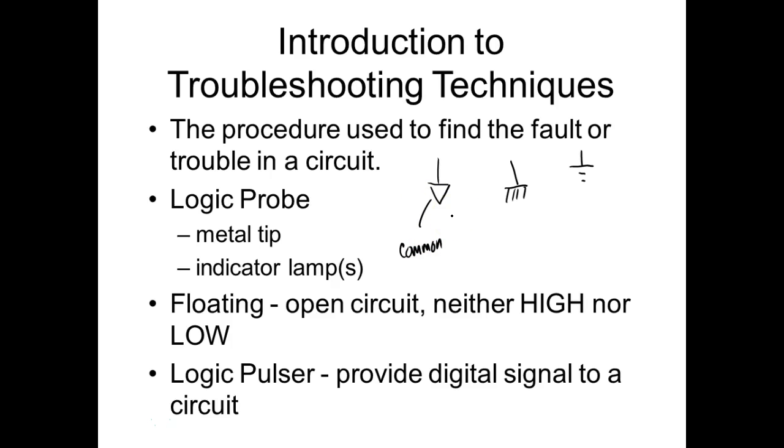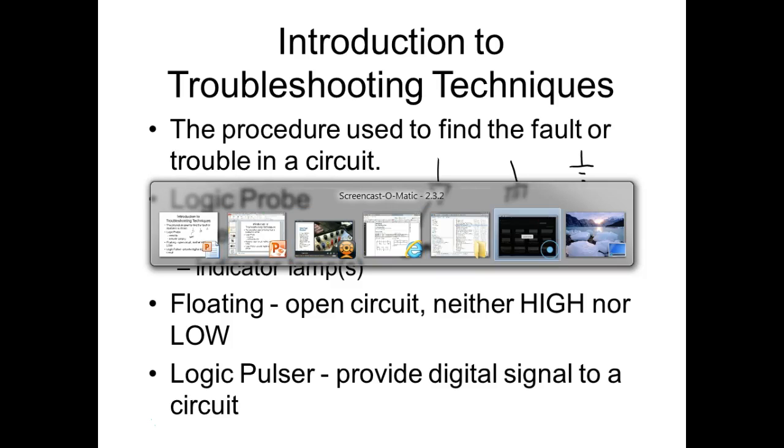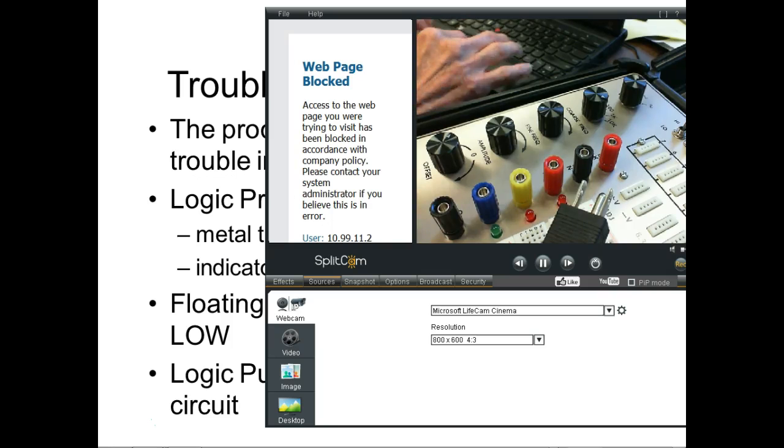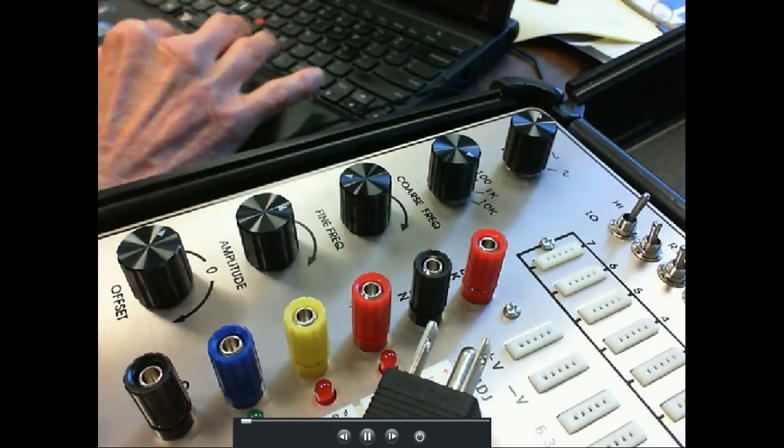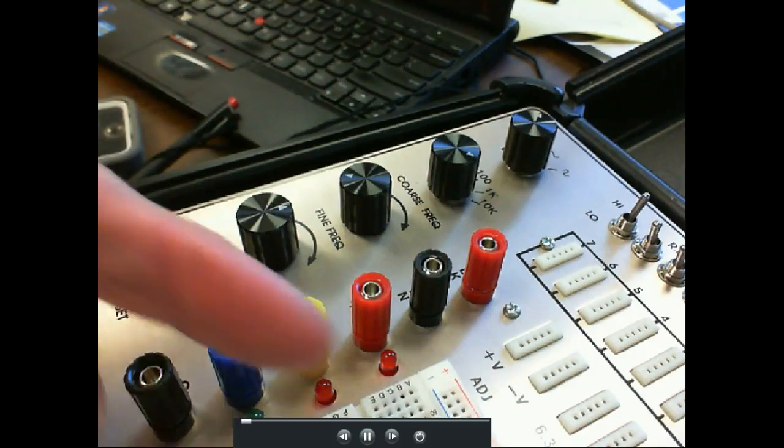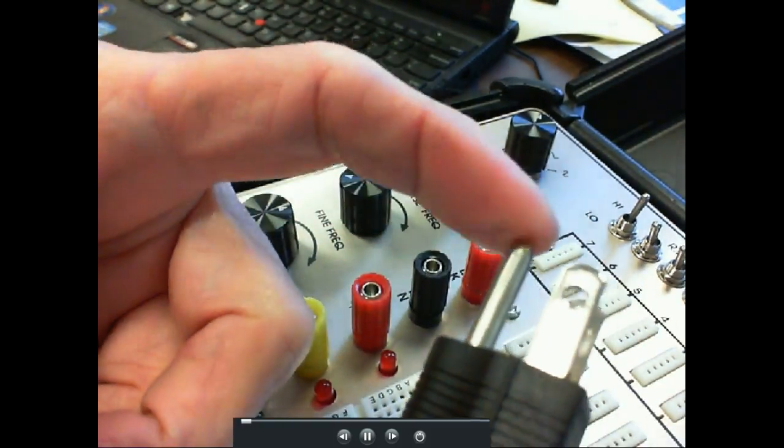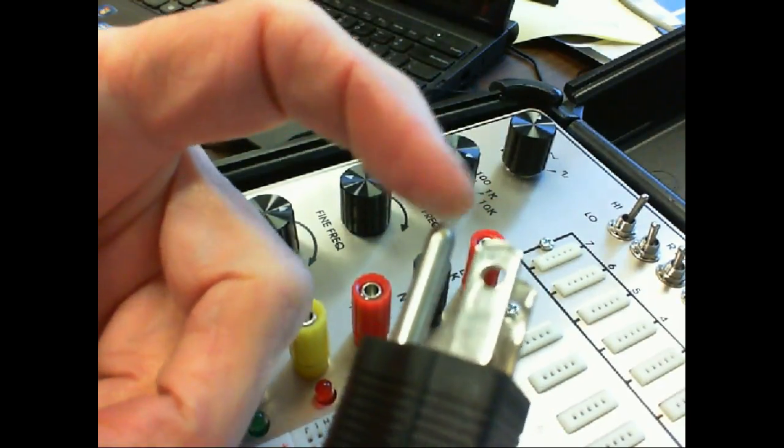So if it was ground, I could find that ground rod that is probably at our substation. I could take this guy right here. I would take this guy right here. This is ground. This is connected to earth ground.